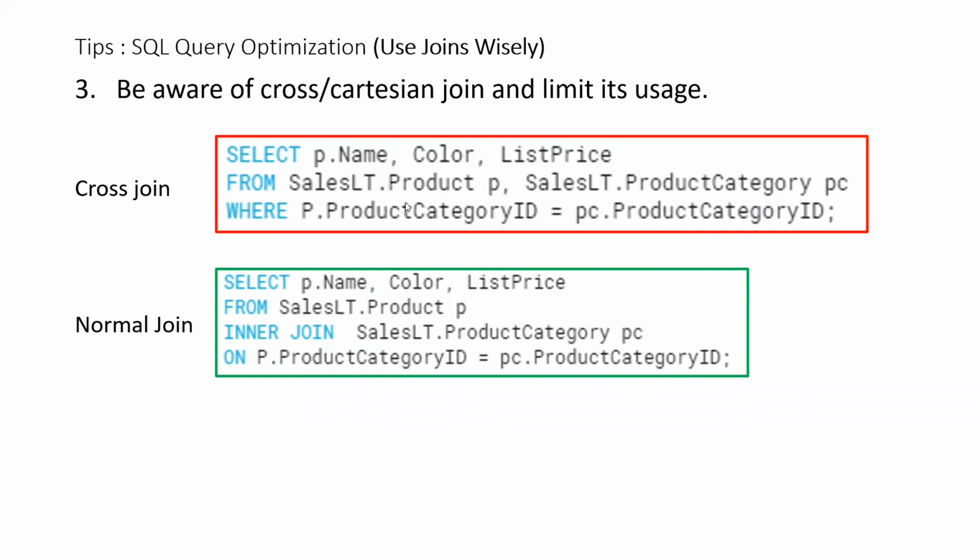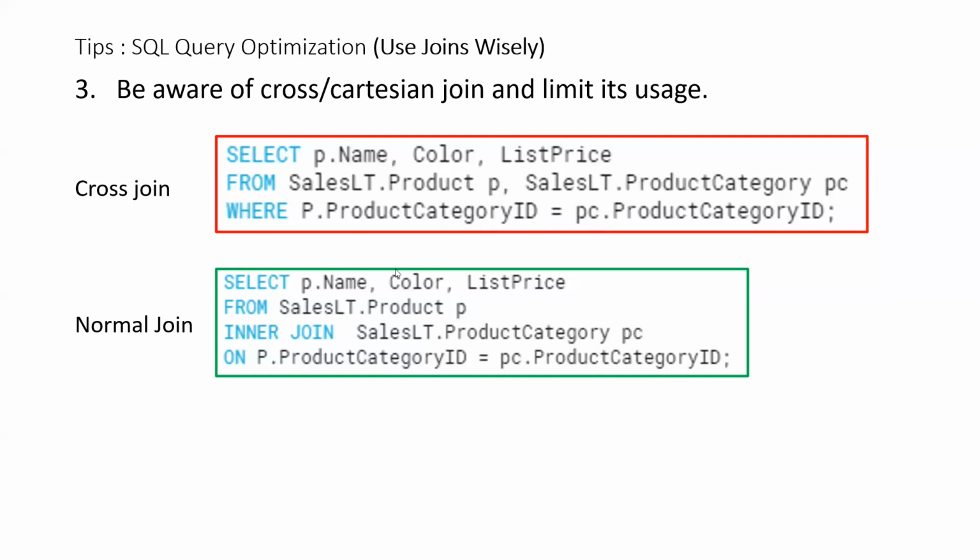But what we are doing is just a cross join. It is just a different representation, but what it is doing in the backend is a cross join. It's taking two tables called P and PC, and we are selecting fields from both the tables. First it will join both these tables on a row by row level, and then it is filtering the results where these two IDs are equal. So this will lead to very inefficient ways.